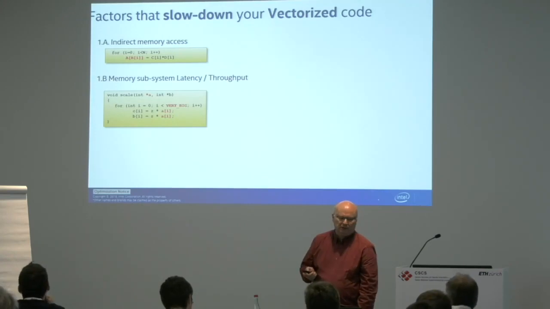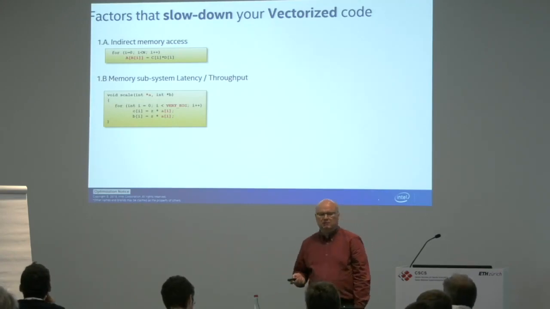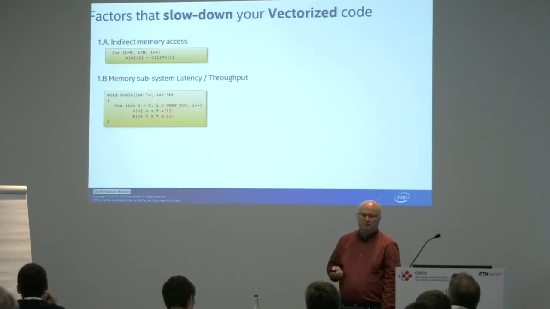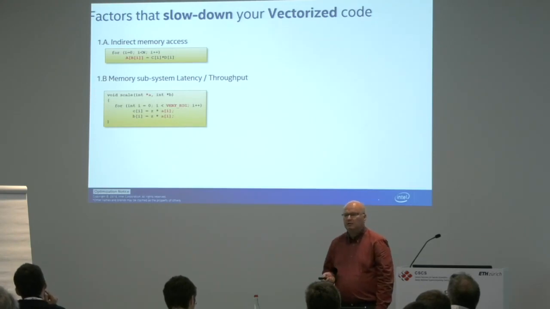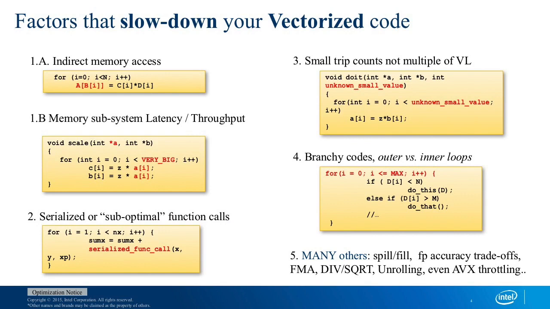You could have memory system latency and throughput issues. So when you have a plain loop and a very big index here, then you can run into bandwidth problems that prevent you from good vectorization. Then you might have function calls which are serialized.